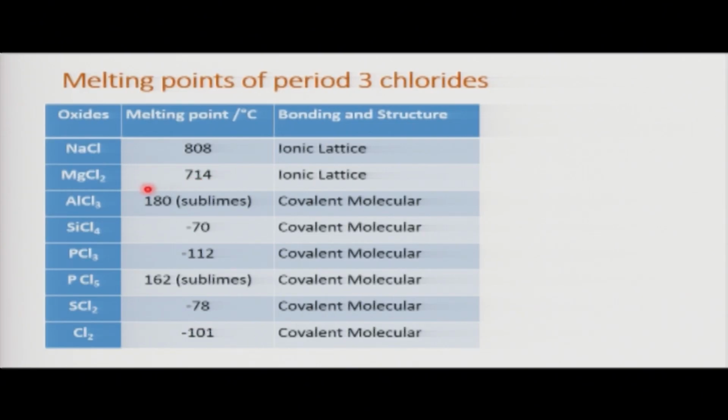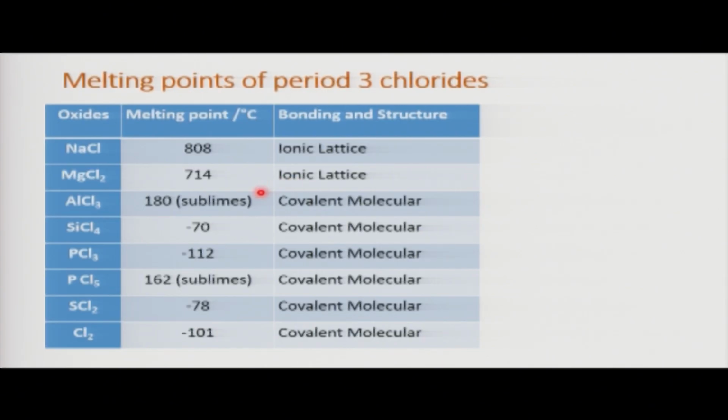But starting from magnesium chloride, the melting point is so low. Look at the gap, about 500, from 714 to 180 degrees Celsius. So these have higher melting points because they are ionic. They have ionic lattice structure.